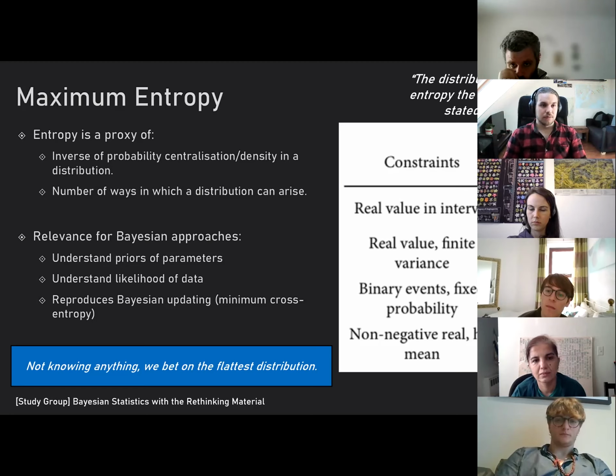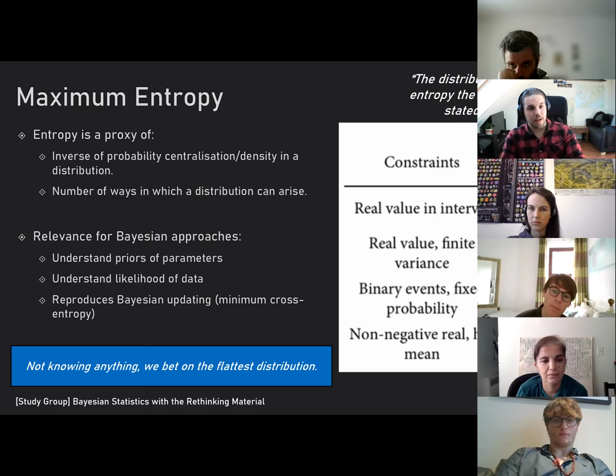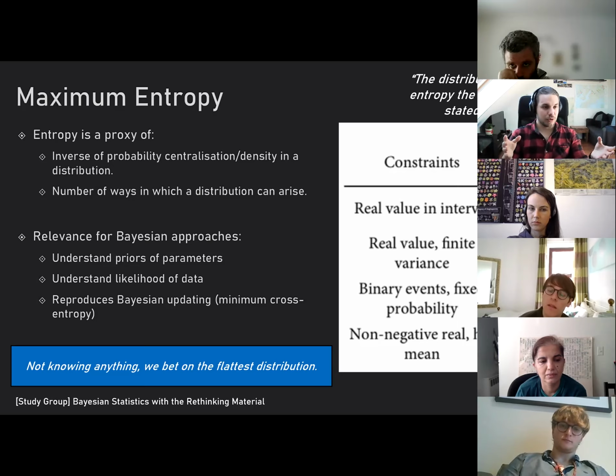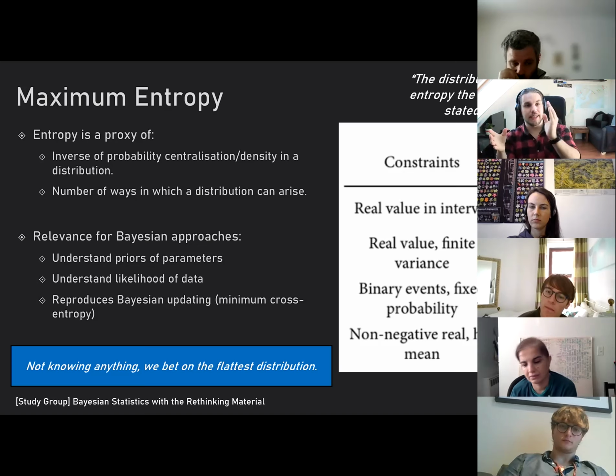So for example, we would like to look at how many packets of soup an individual buys when a hurricane is approaching, and every customer is limited to 10 at maximum. We would have an interval with real values between 0 and 10. Because you could go into the store and buy 0 soup packets, or you could buy 10 soup packets, making use of that maximum that the store allows for, but you can only take integers in between.